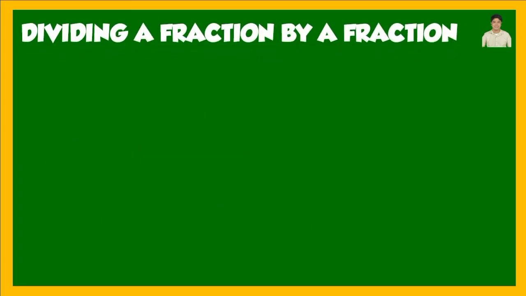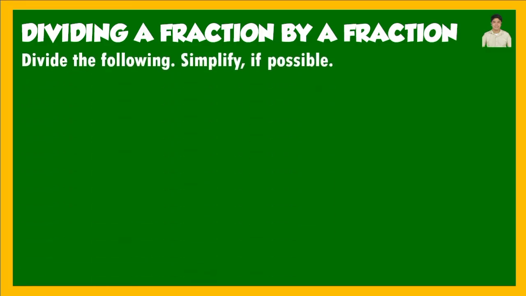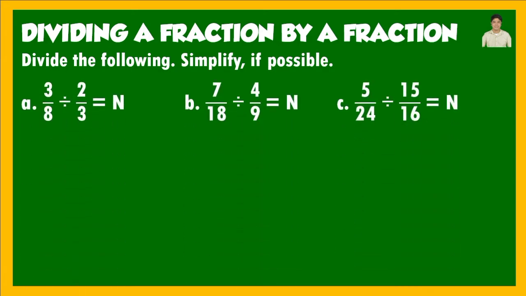Now, let us proceed to dividing a fraction by a fraction. Divide the following. Simplify if possible. Let us apply the steps from earlier, our keep, change, flip technique. Letter A: 3/8 divided by 2/3 is equal to n.